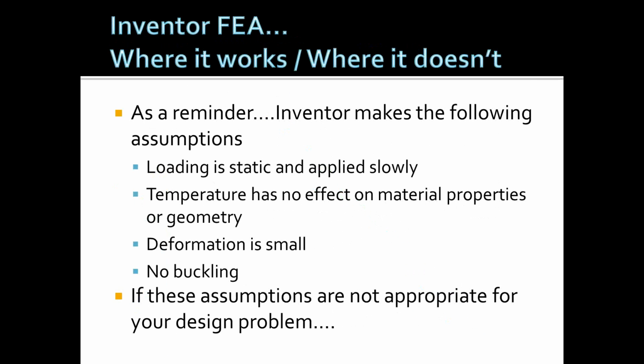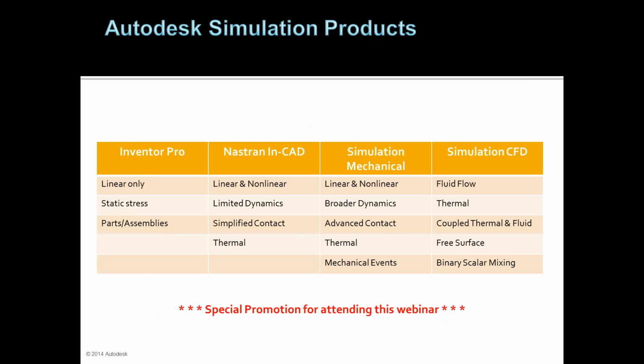Those two right there are huge. The deformation needs to be small. You got some flexibility on that one. And no buckling in the part or assembly. That's actually a pretty big one as well. So you need to look at those assumptions. If those assumptions don't fit what you're trying to solve, then we have other simulation solutions for you.